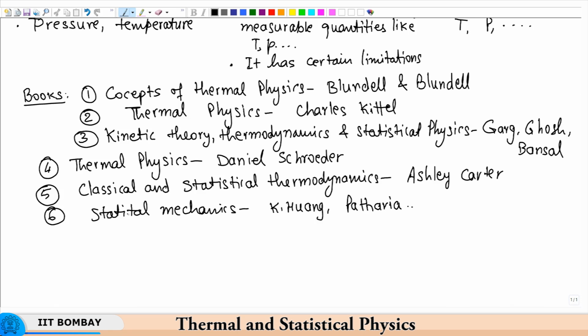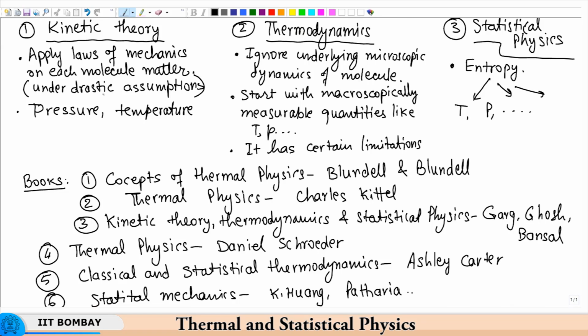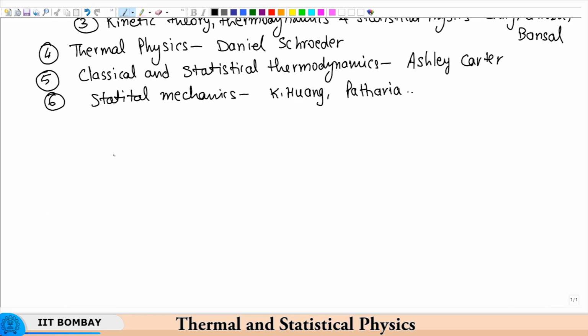So let's start with the first subtopic of this course, which is kinetic theory. Kinetic theory is basically built upon two fundamental postulates.